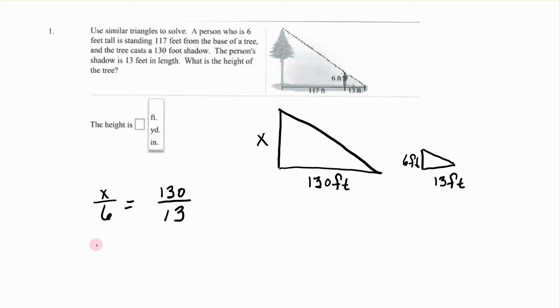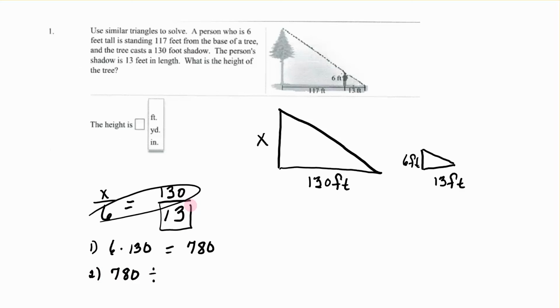All right, I'm going to solve it with a 2-step approach. I'm going to do the cross product. 6 times 130, and you can do that off screen. That is 780. Step 2, take your 780, divide it by the number you haven't used yet, which is 13. Once again, I'm going to do that on my calculator off screen, and I get 60.